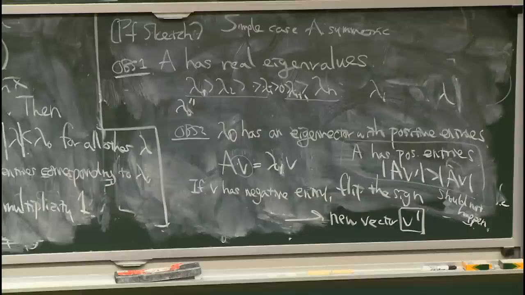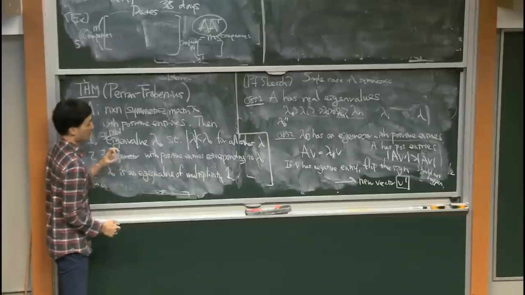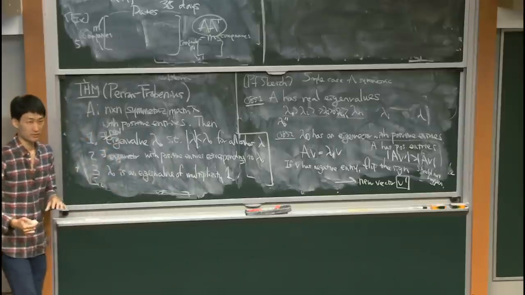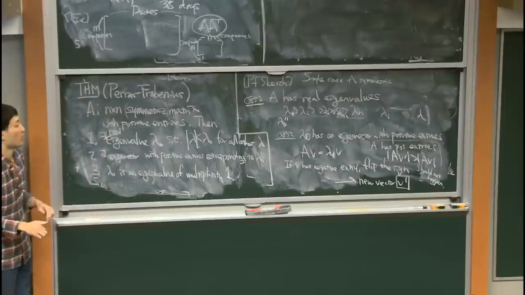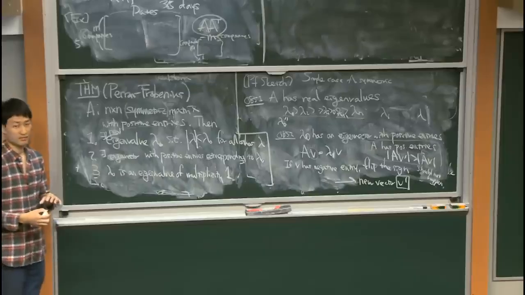I will not work through the details of the rest. I will post it on the lecture notes. But this theorem, in fact, can be stated in a lot more generality than this. I'm stating only a very weak form. It doesn't have to have all positive entries. It only has to be something called irreducible, which is a concept from probability theory, from Markov chains.